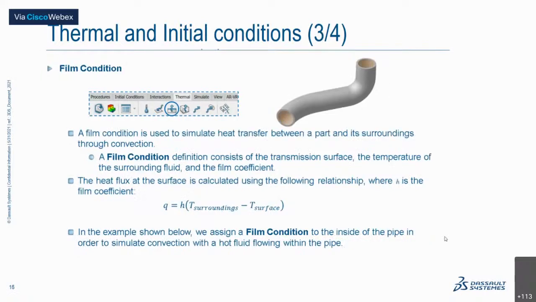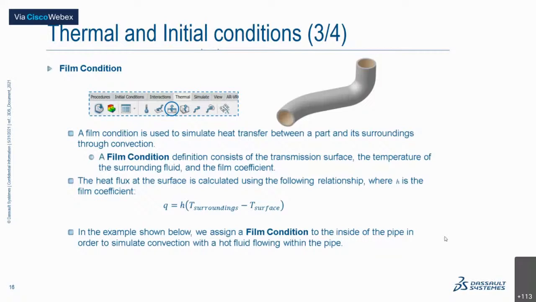Now the next one which we have is film condition. Film condition is basically used to simulate the heat transfer between a part and its surroundings through convection. While defining a film condition, you will have to define your transmission surface, the temperature of the surrounding fluid, and the film coefficient.